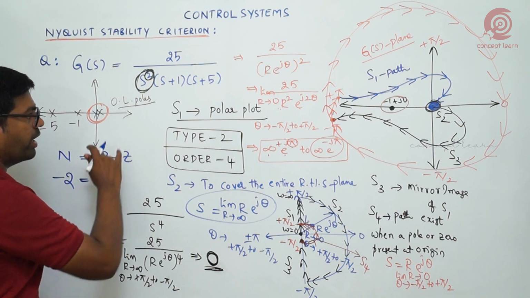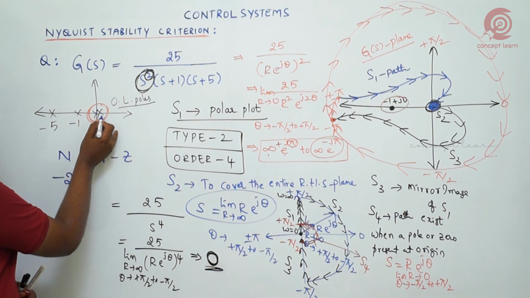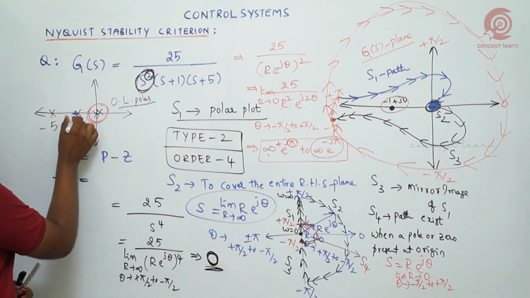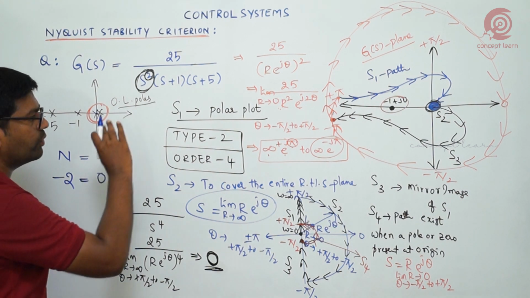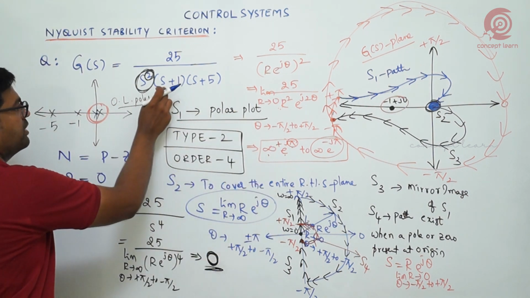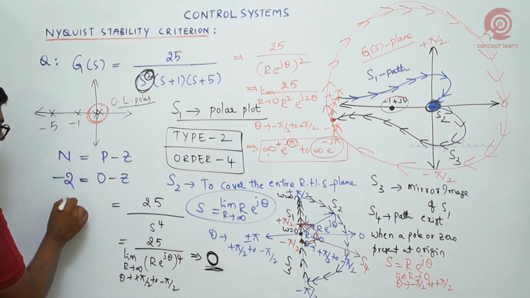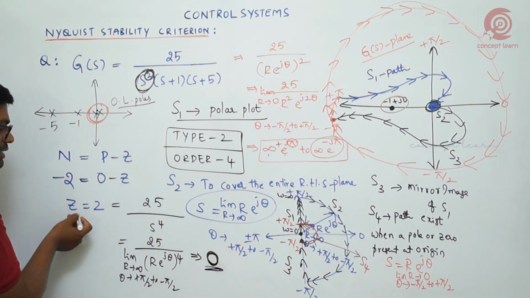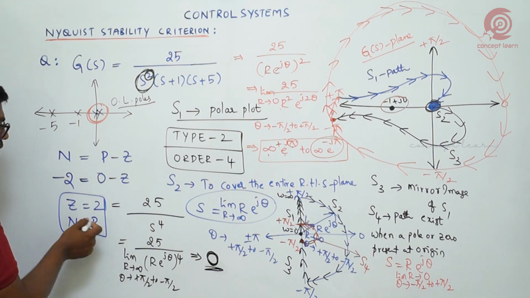Is there any pole located in the right half plane? Look at the pole-zero plot: only 2 poles at the origin and 2 poles in the left half S-plane. So there is no pole in the right half, based on the given transfer function. So minus Z, here Z equals 2, meaning Z is not equal to 0 and N is not equal to P. So the condition is not satisfied.